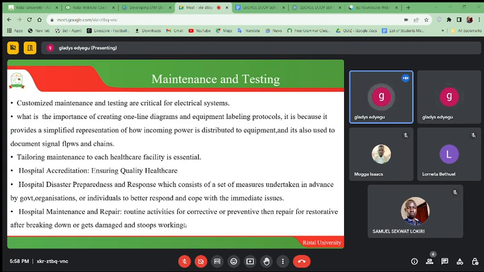It also looks at the different mechanical systems that we install in our hospitals, in relation to power and the equipment. The different services that we offer in our health facilities have to go through the accreditation process, whereby the authorities come and see whether our equipment is really of good standard.